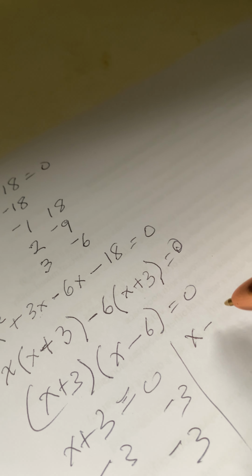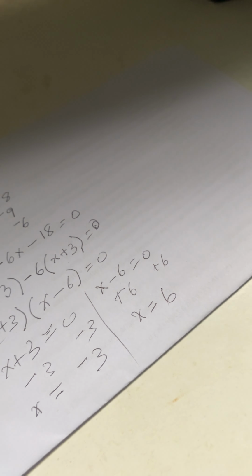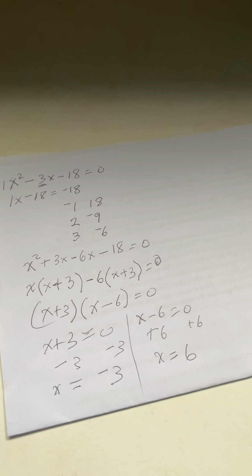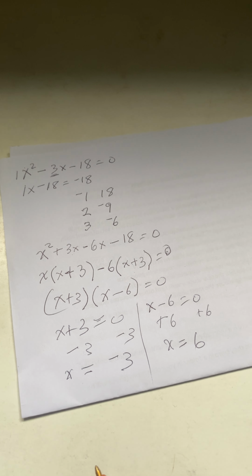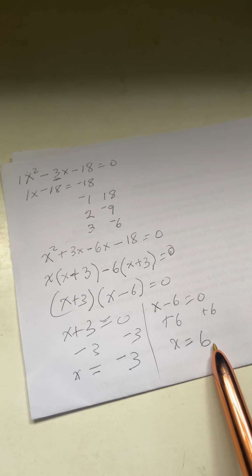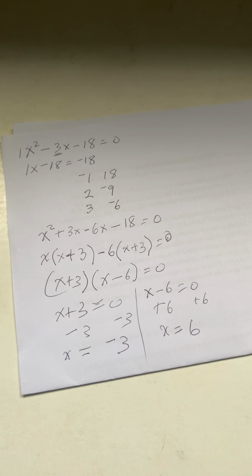We can also write x minus 6 is equal to 0. Then we add 6 on either side, and we shall have x is equal to 6. So we have actually solved our quadratic equation. We have x is equal to minus 3 and x is equal to 6. I hope this video is helpful.